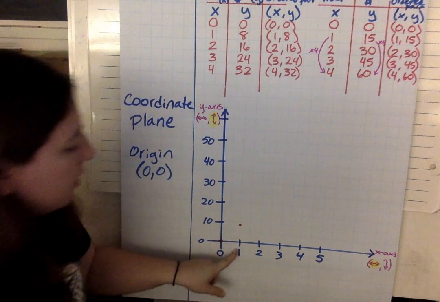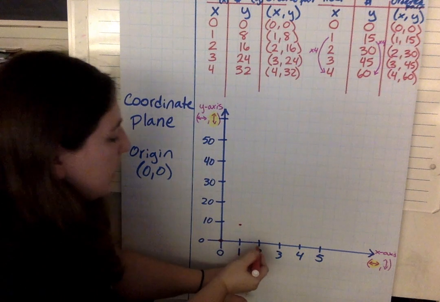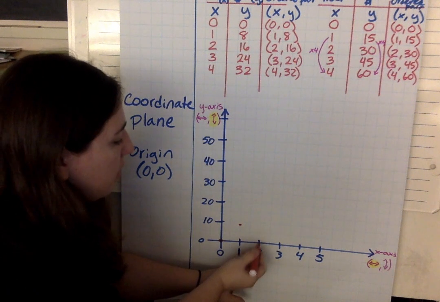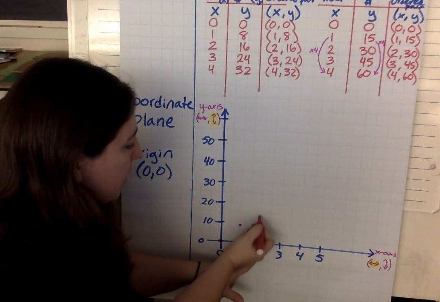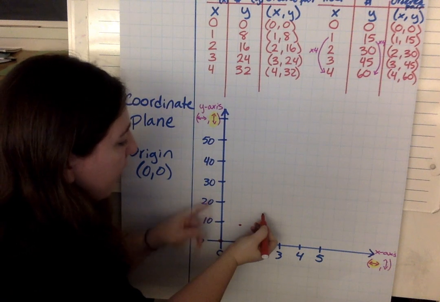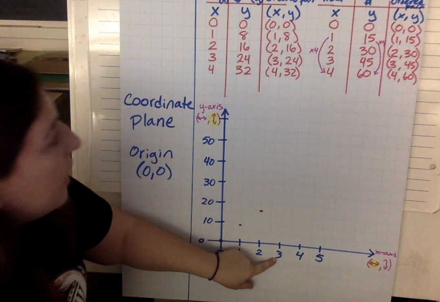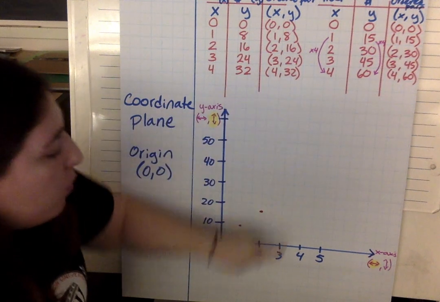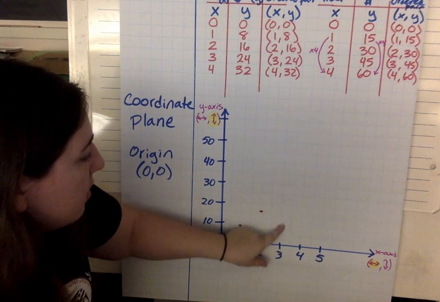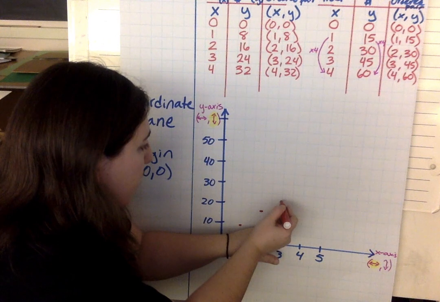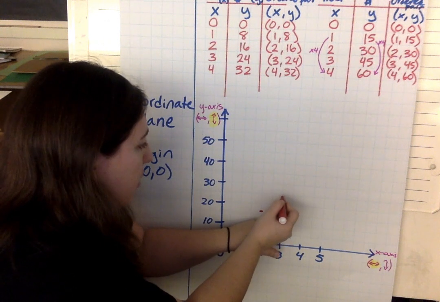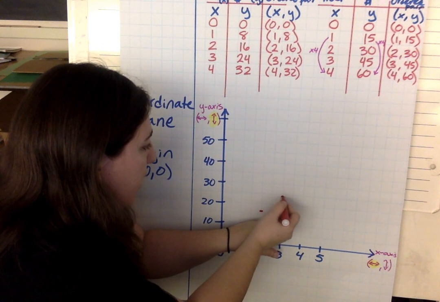My next point is 2, 16. So the x is 2, and the y is 16. That's going to be about in the middle of 20 and 10. Then my next point is 3, 24. So here's the 3 on the x. I'm going to graph it up to 24, about the middle of 20 and 30.